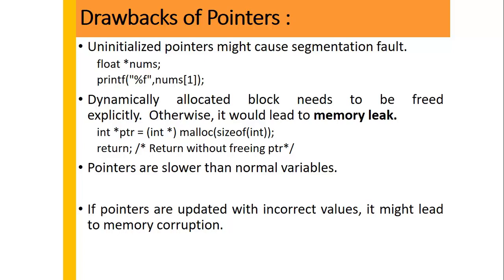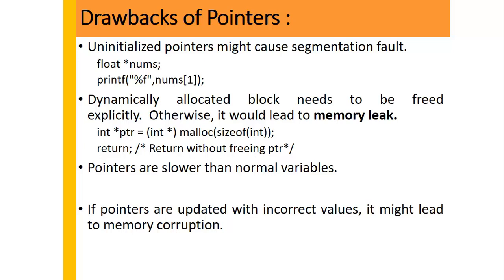Second, dynamically allocated blocks need to be freed explicitly. Explicitly means we need to write a statement, free(pointer). It should not be done automatically. With primitive data types like int and float, if we allocate memory with int i = 5, the memory is allocated and deallocated by itself, so we don't have to worry about deallocation.